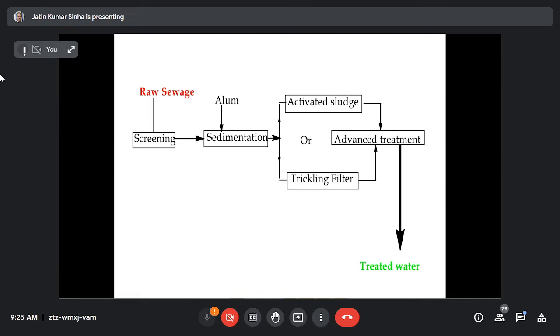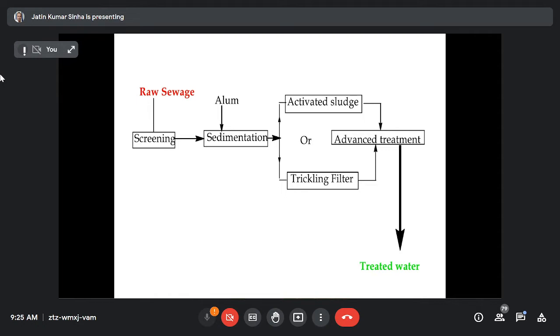Then after that stage, the water is treated in two ways. One is the activated sludge method, the other one is the trickling filter. This is basically the decomposition process. Because you have organic matter inside this water, this organic matter has to be decomposed by different microorganisms.